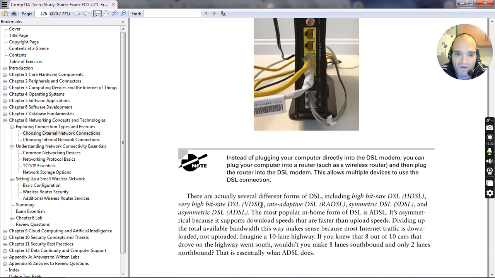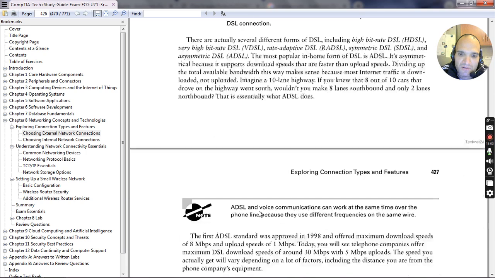And dividing up the total available bandwidth this way makes sense because most Ethernet traffic is downloaded, not uploaded, and that's correct. Imagine a 10-lane highway. If you knew that 8 out of 10 cars that drove on the highway went south, wouldn't you make 8 lanes southbound and only 2 lanes northbound? This is essentially what ADSL does.